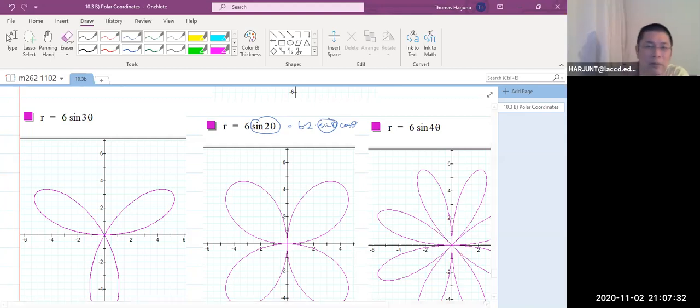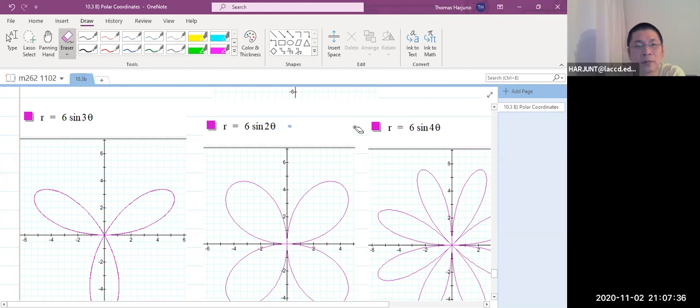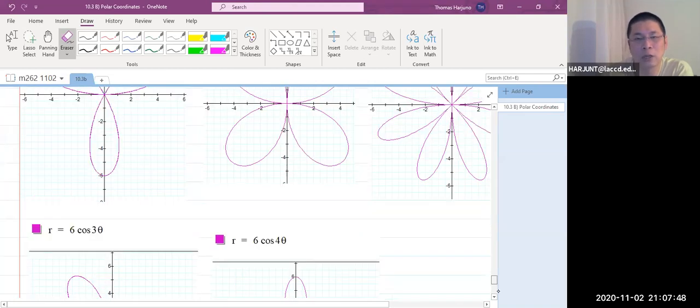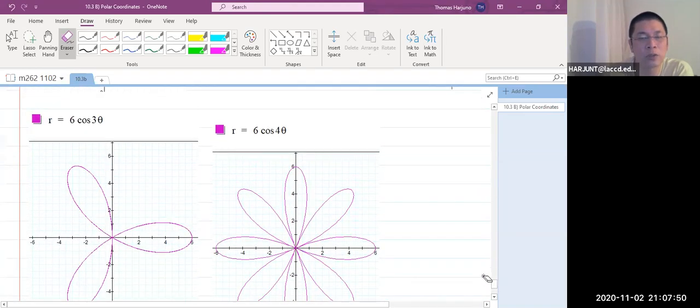Yeah, maybe because of that. Okay, for the odd ones, this is only symmetric with respect to y, not x. When it is even, x and y. Even, x and y. And it is also the same case with cosine.